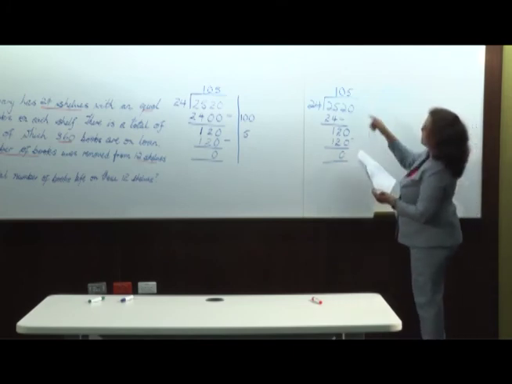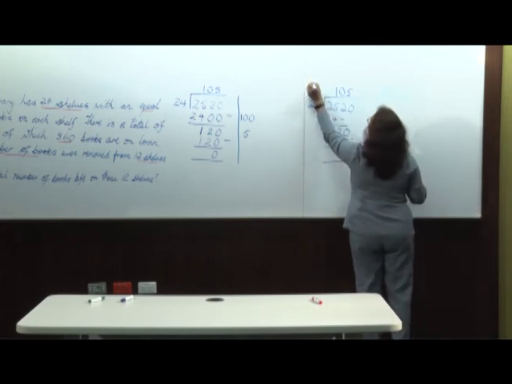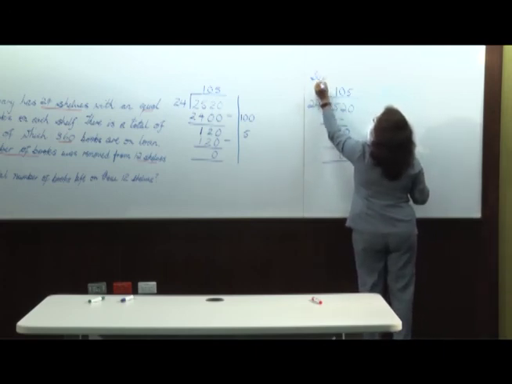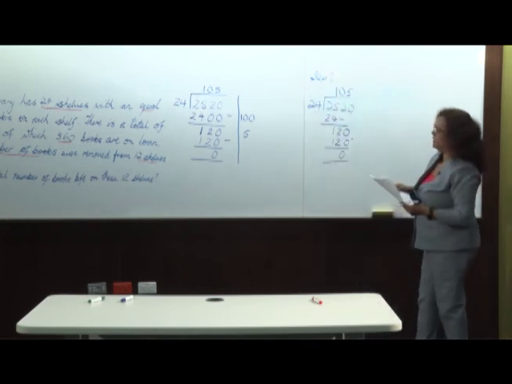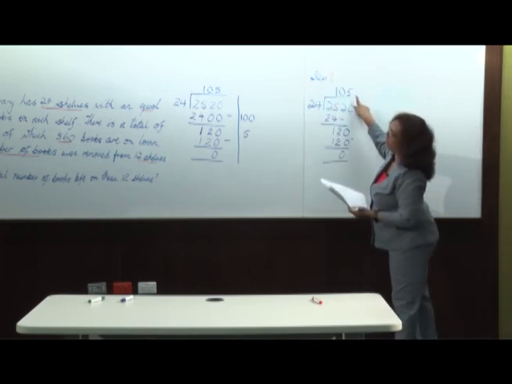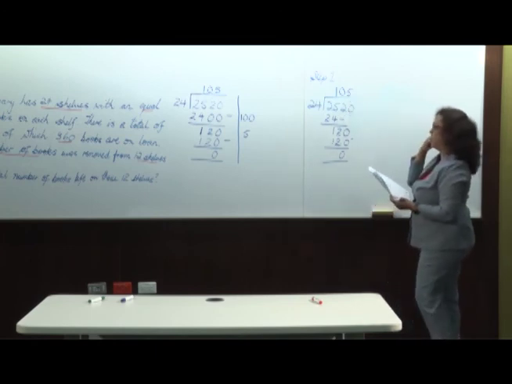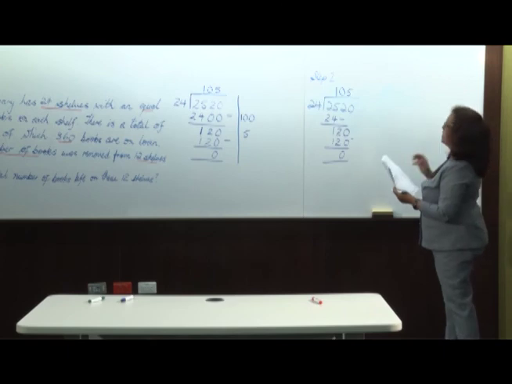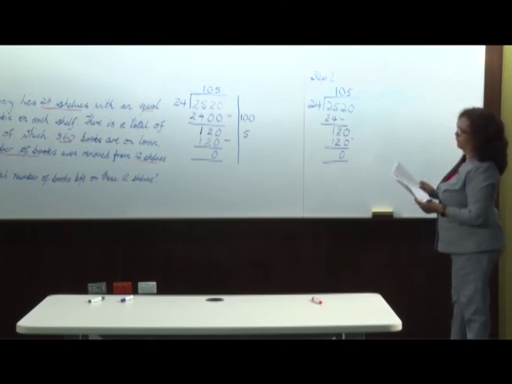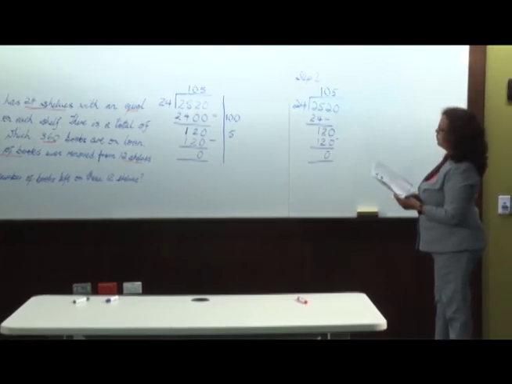So this is step 1 of my problem. And the first step we worked is to find out how many books are on each shelf in the library. And our answer is 105. Right.